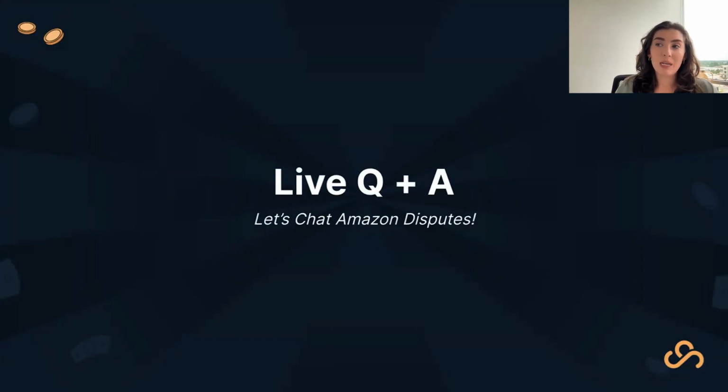But then kind of going into that, maybe it is your proof documentation. Maybe that's not clear. Maybe there are other issues when it comes to disputing that you're not seeing. Maybe it's the way that you're phrasing something, or you have to kind of use Amazon's language to explain to them what's going on. And that can be a difficult part.